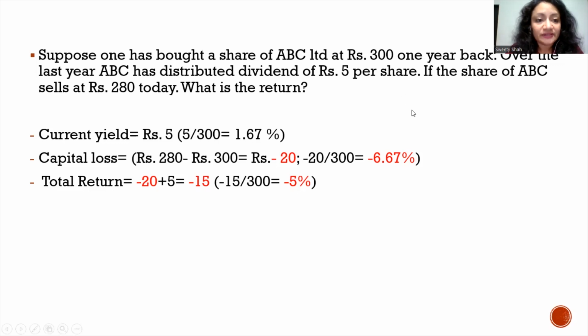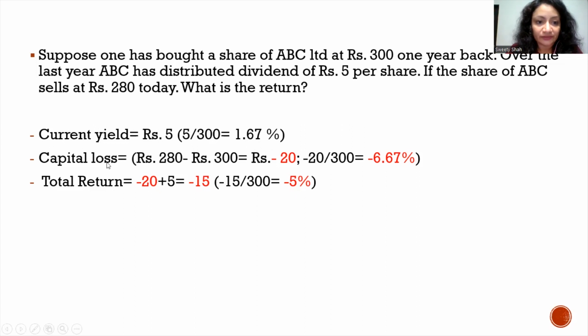As far as the current yield or the current return is concerned, as I mentioned earlier, it would be either 0 or positive. So here also the 5 rupees per share dividend which we have been given will help us to calculate the current return. It would be 5 rupees divided by your initial investment per share, which was 300. So here the current return value is 1.67%.